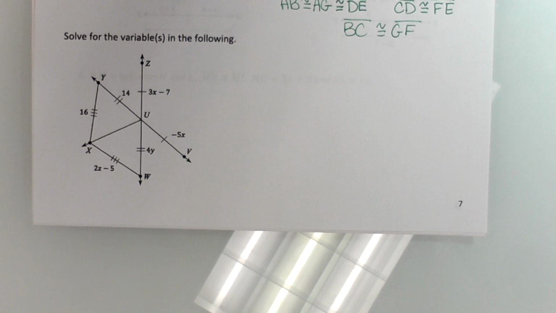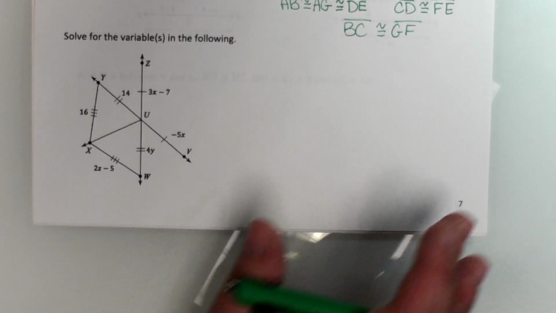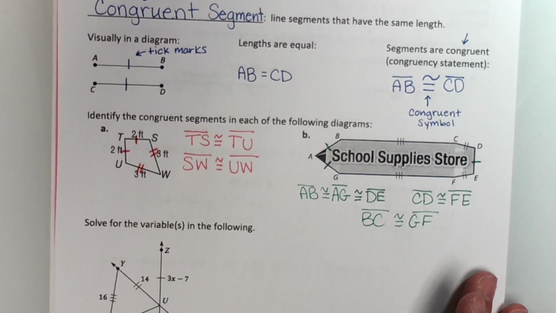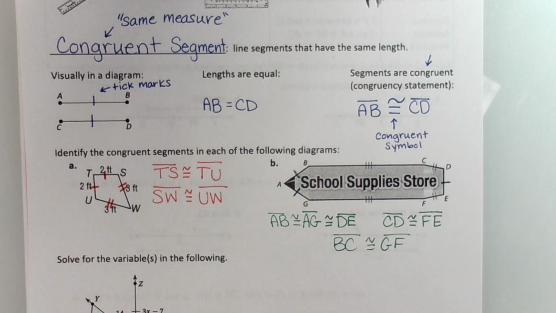Okay, so yesterday our main focus was on congruent segments. For segments to be congruent means they have the same measurement. Now we are not in this class going to be pulling out a ruler to start measuring lines. That's not the point.